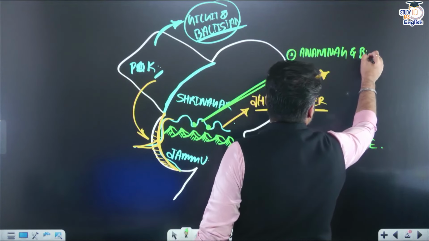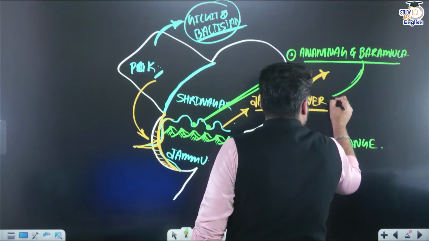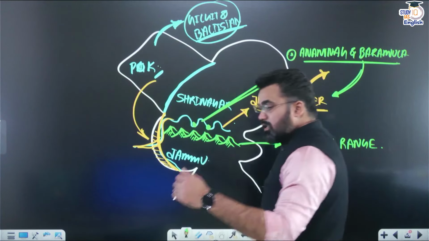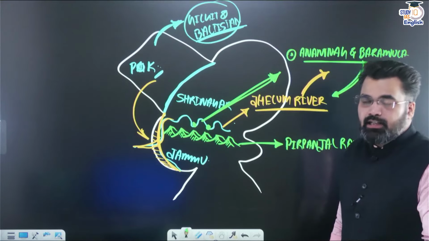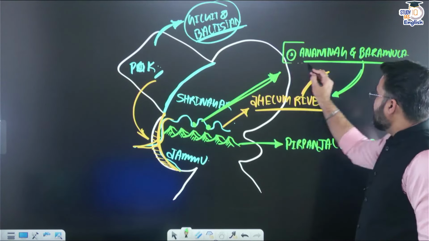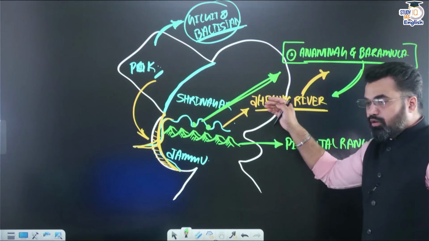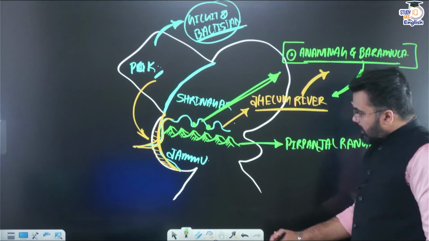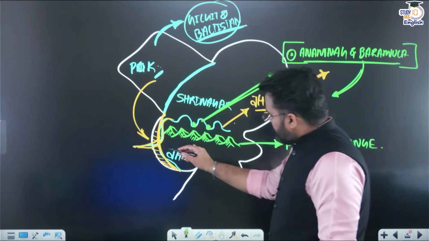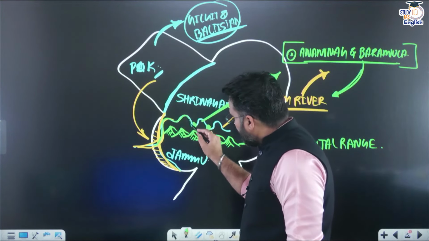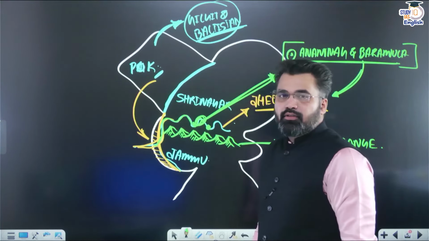These are the two places between which Jhelum river is navigable, and you will find major terror activities are held in this stretch. Why? Because Jhelum river is easily navigable in that part. Terrorists use this river to enter and they create disastrous conditions here in Kashmir Valley.